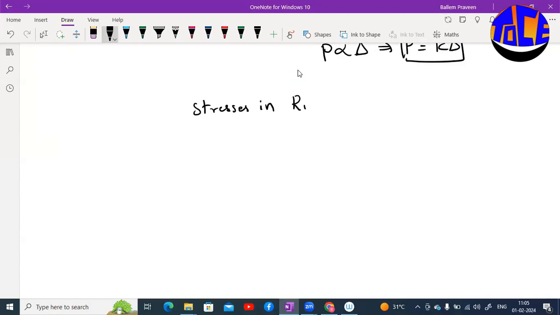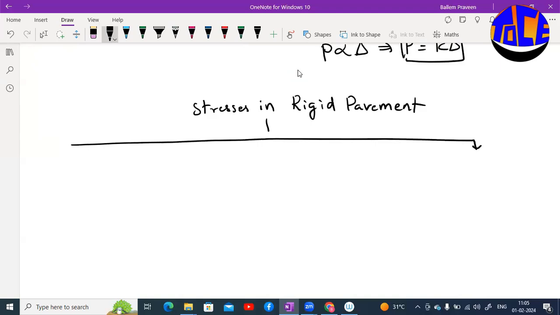Stresses in rigid pavement. Here you will have three types of stresses. One, due to wheel load.